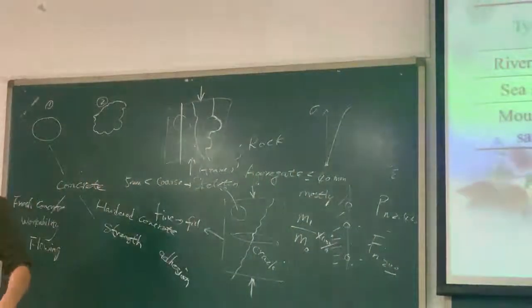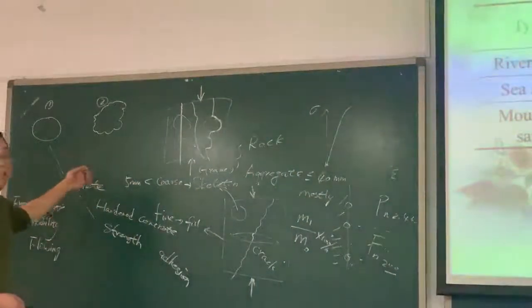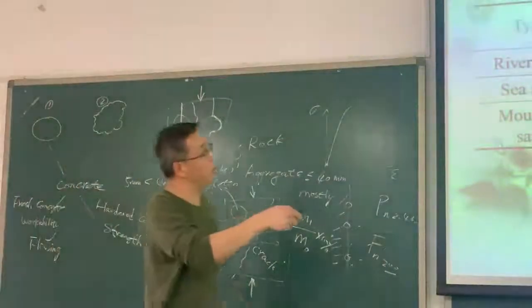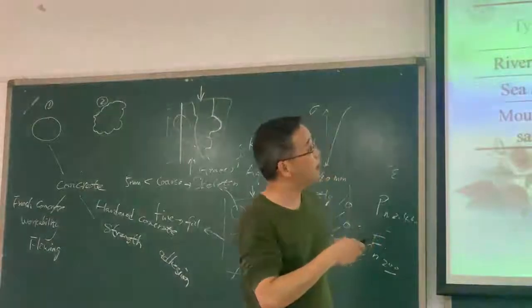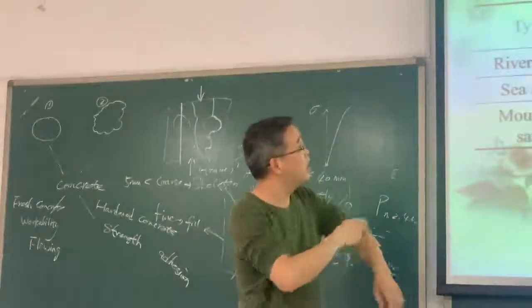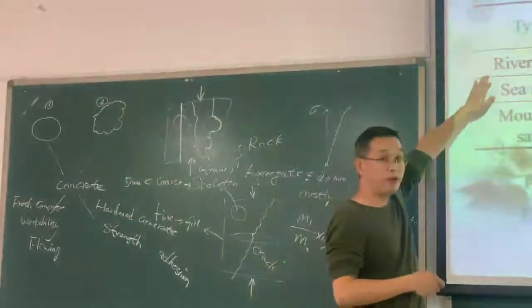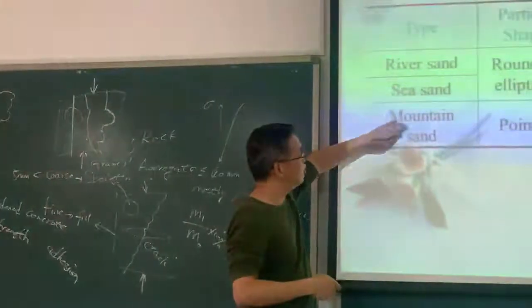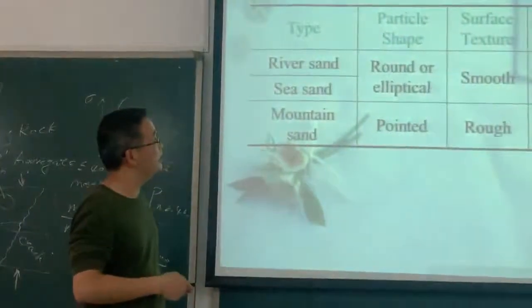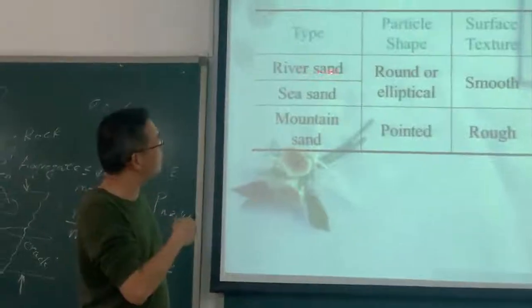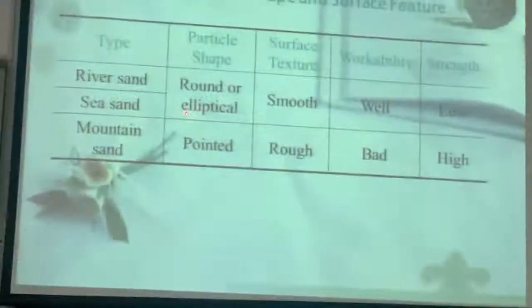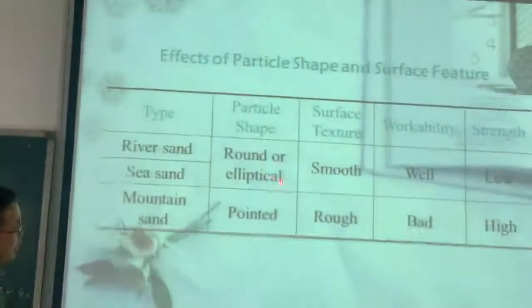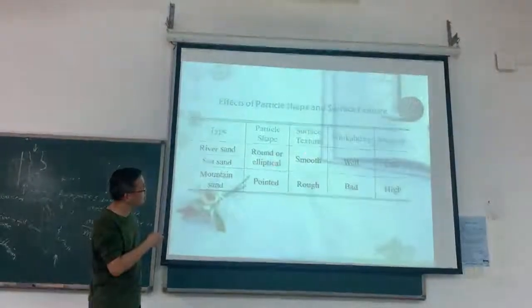So we have expanded here. Effects of particle shape and surface feature. For the river sand, sea sand, and mountain sand, the particle shape for the river sand and sea sand is elliptical and round, and surface texture is smooth.